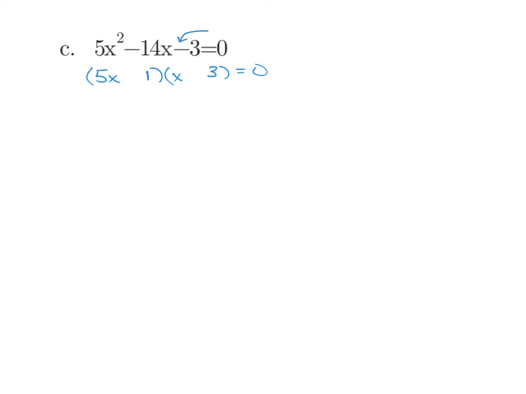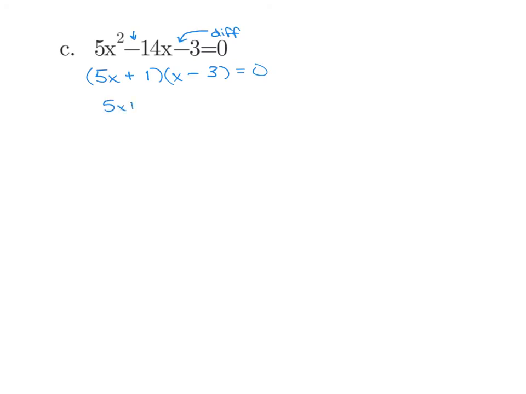We are multiplying to a -3, which tells me different signs. And I want my larger quantity to be negative, so I want my 15 to be negative. That means the 3 will have to be negative, and my 1 will have to be positive.